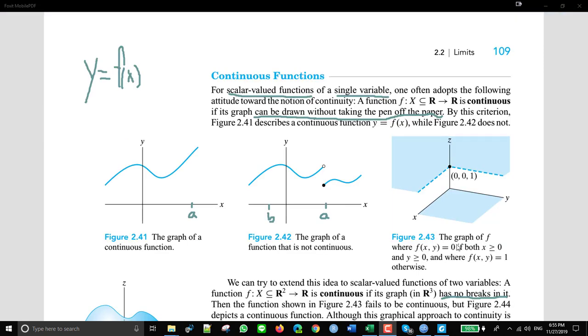So this says the graph of f, where f of x, y equals 0 if both x is greater than or equal to 0 and y is greater than or equal to 0. So when both x and y are greater than or equal to 0, we're talking about this quadrant of the xy plane. And so for values of x and y in this region, the height of the function is 0.